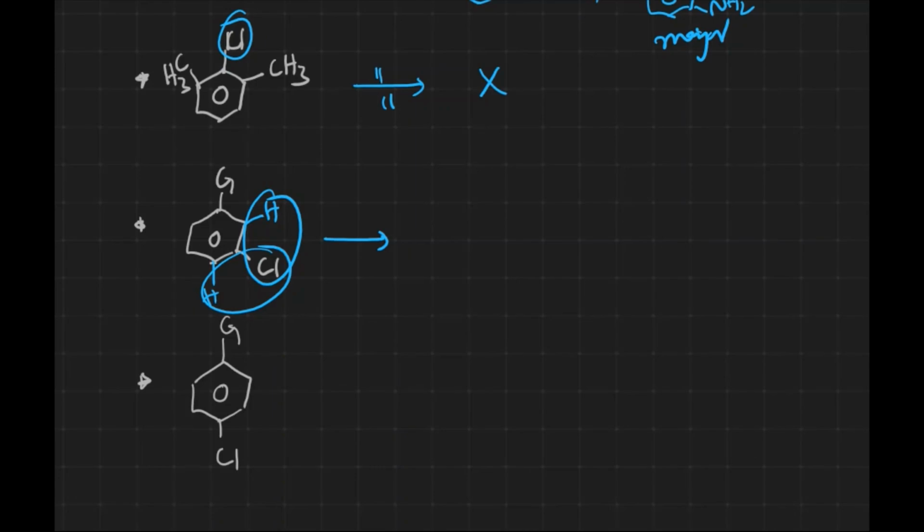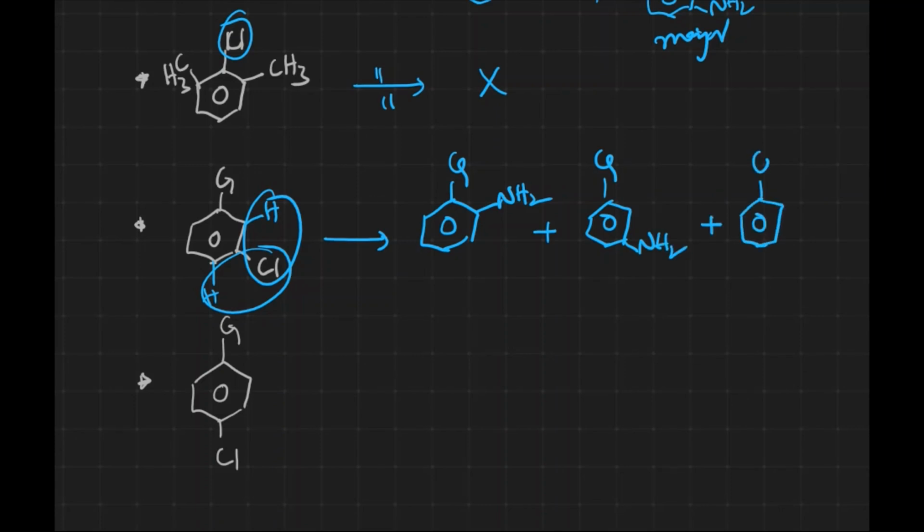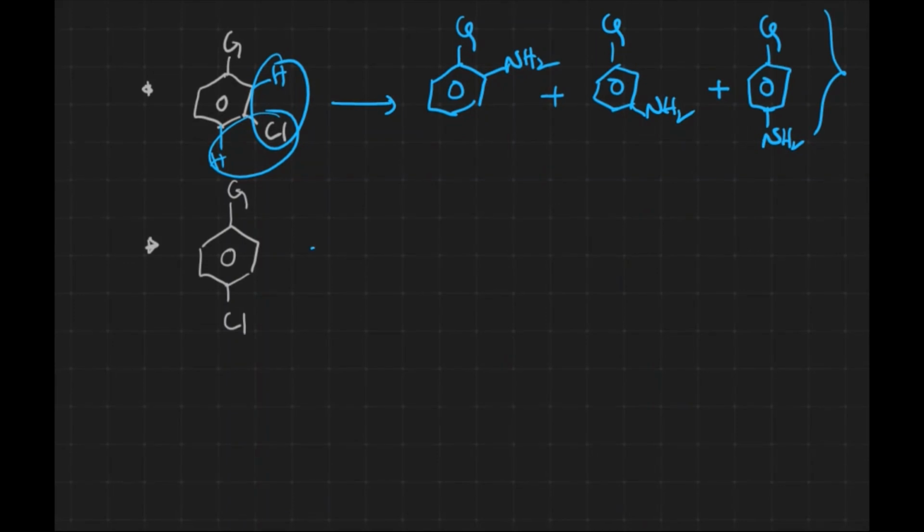How many products? Three products: G NH2 plus G NH2 plus NH2. According to the group, plus I group or minus I group, we can decide the major product.